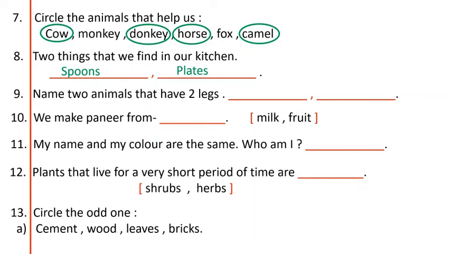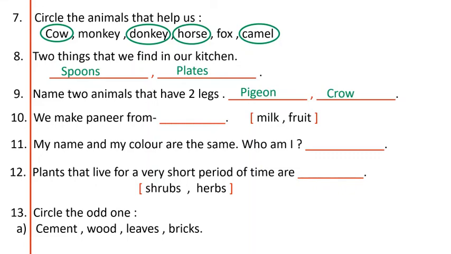Name two animals that have two legs. Children, now we have to name two animals that have two legs. Think, children. Yes, pigeon. Next, crow, parrot, anything, right? Yes, etc.